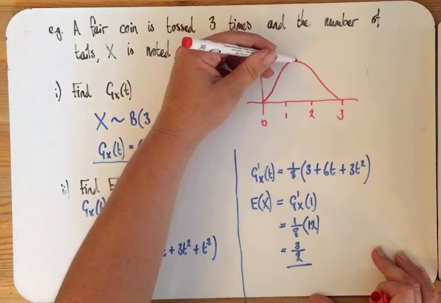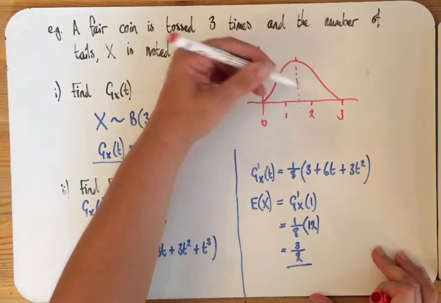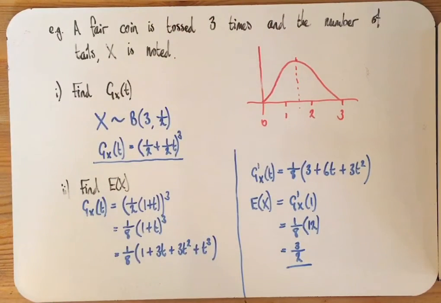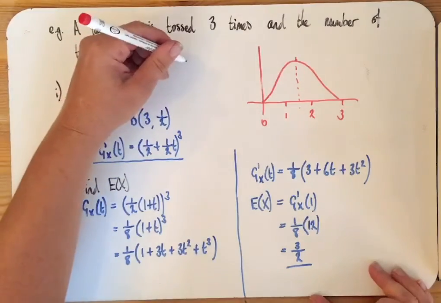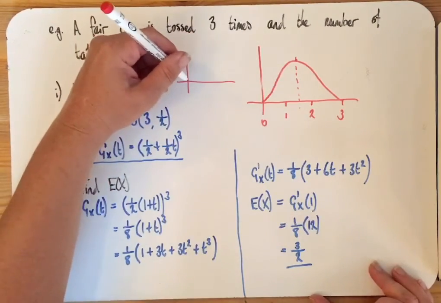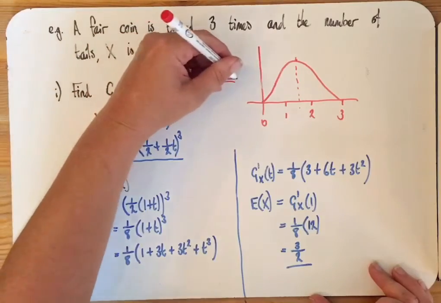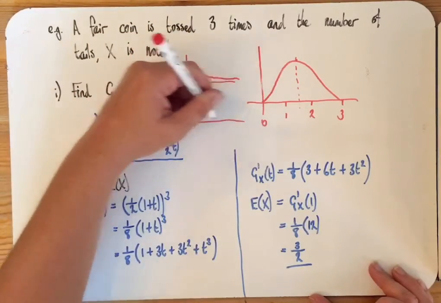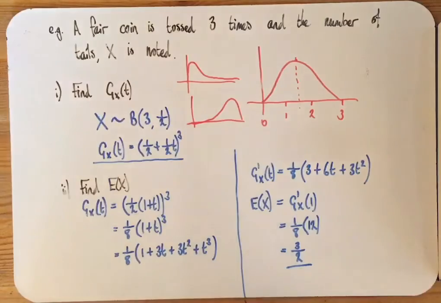And so the mean will be in the middle of your distribution at 1.5. You can use that in questions if you know you've got a symmetrical distribution to some extent. So just something to think about. If p is less than a half, then you're more likely to get lower numbers, so you'll get a skew out this way, and if p is bigger than a half, it'll come around that way for your binomial.